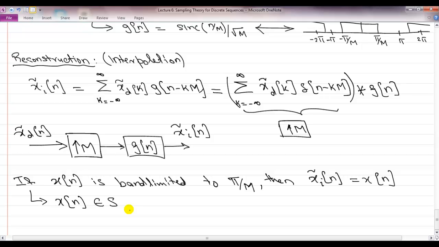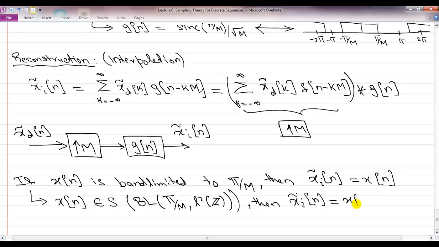If you take a signal from a subspace and you project it onto that subspace, you get back the same signal. So if x of n belongs to the space of band-limited signals, band-limited to pi over m, then we are guaranteed that x tilde of n equals x of n.